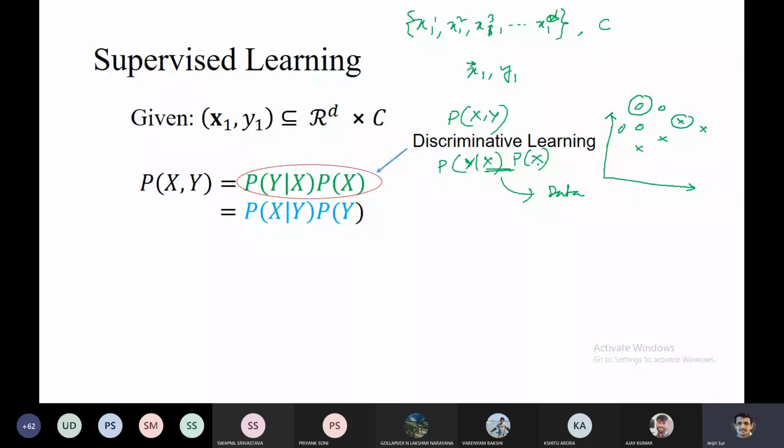Given a data sample and some sort of prior of this sample, is it possible to find y? But we can do the reverse thing also. Given the class, what is the likelihood of the data?